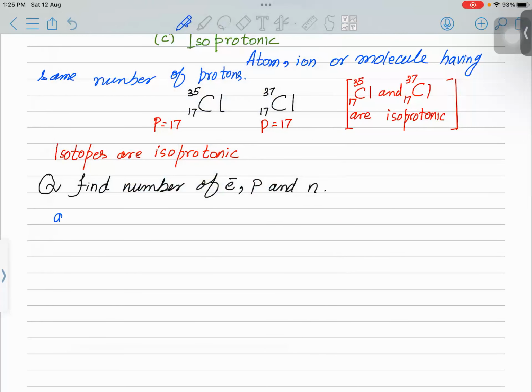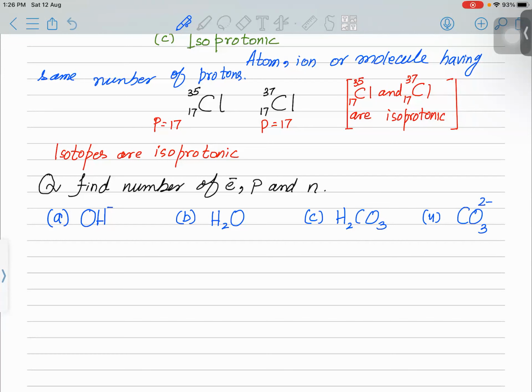The first question is OH negative. Second question, H2O. Third question is H2CO3. Fourth question is CO3 2 minus.